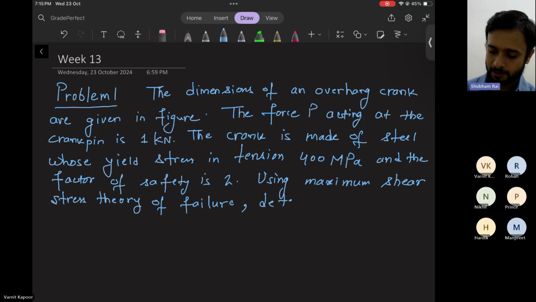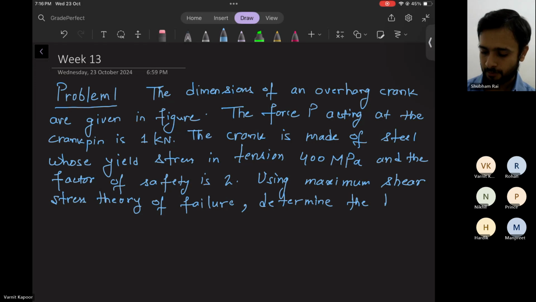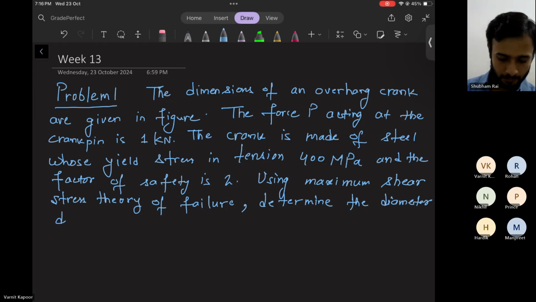I'll draw the diagram and I'll tell you which diameter you have to determine. So you have to determine the diameter D at section XX.